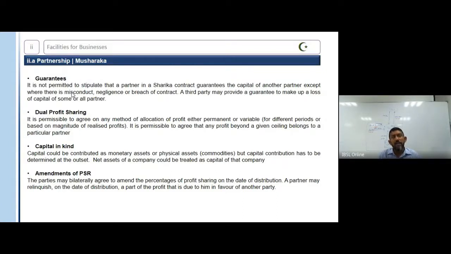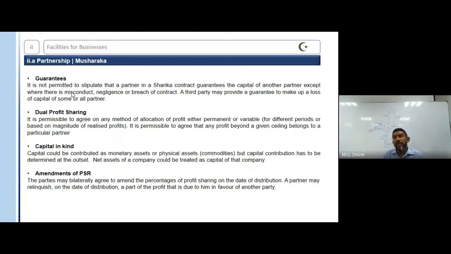At an organization level, in Musharaka, the shareholders' funds of the customer are treated as capital. So Musharaka can be at a transaction level, like what we discussed, to buy 1,000 kilos of tea. It can be at a project level, as in the customer has 5 projects, A, B, C, D, E. For project E only, the bank and customer form a partnership. So it can be at project level or at transaction level.